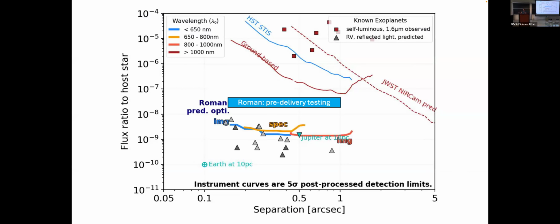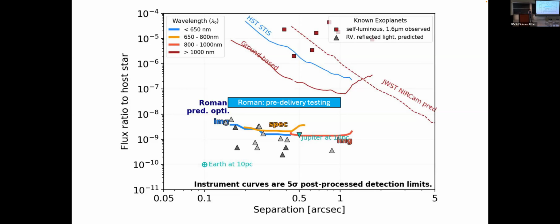We can extrapolate with the instrument models and suggest that long exposures should get us down, we hope, to a few times 10 to the minus 9 contrast. Again, still more than an order of magnitude away from HWO, but making a lot of progress technologically towards that goal. For context, I'm just showing a few gray triangles here. These are some known radial velocity Jupiter-like planets with some predictions for how bright they might be in reflected visible light. And you can see we just start to skim the surface.